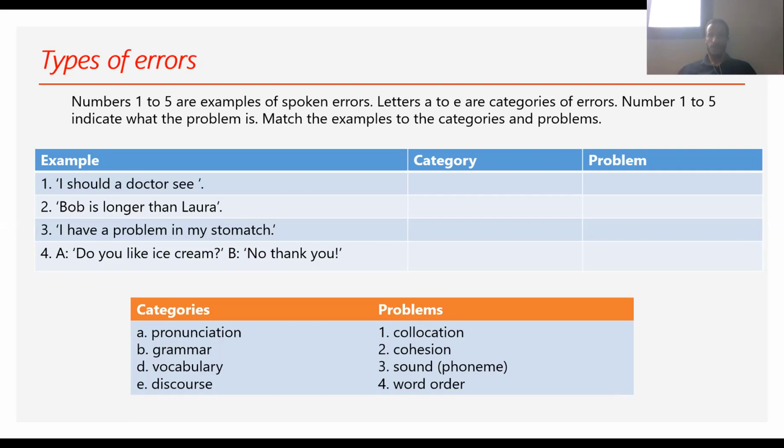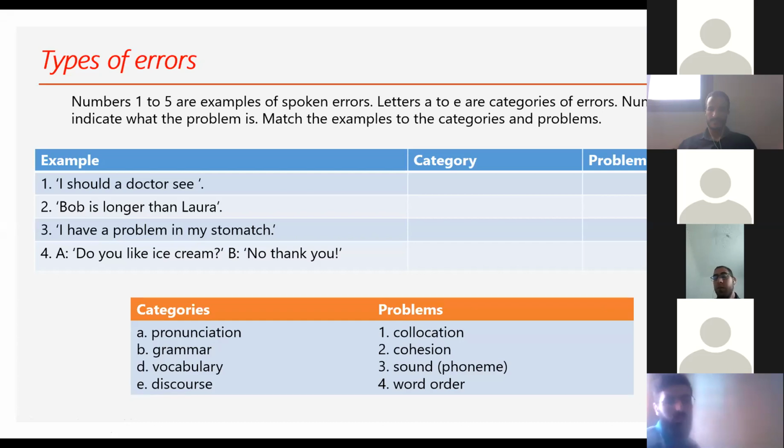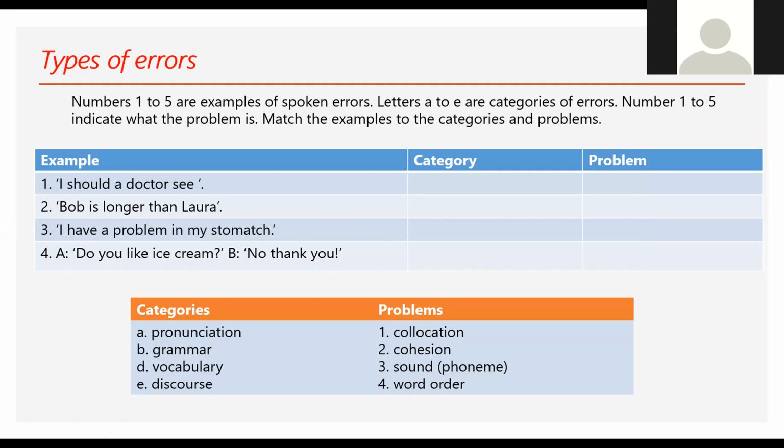Okay, someone to answer number 2. Yes, please. We have a problem in vocabulary. "We must see Bob is taller than Laura." So, vocabulary. You agree? Yes. So, what's the problem?